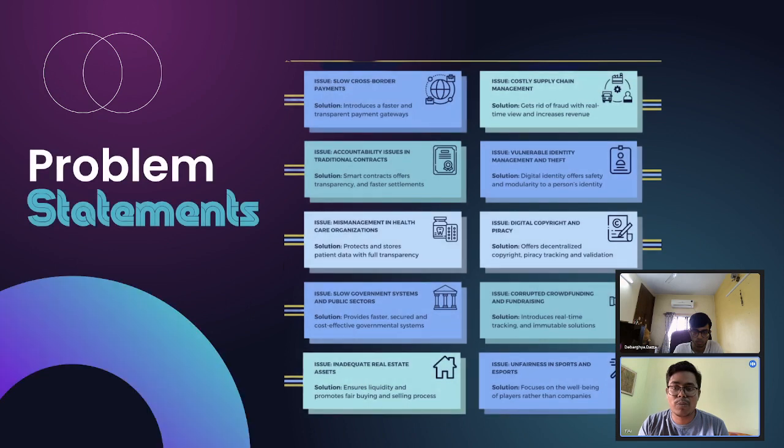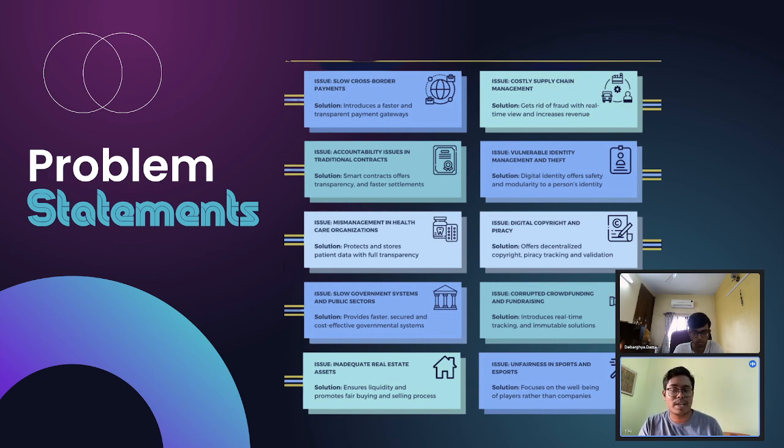So going forward, these are the problem statements which generally occur on Web 2.0, which we did not consider important. But now when we are coming to a new framework, that is the Web 3.0 framework, we are more likely to understand these problems and cater to these problems respectively.